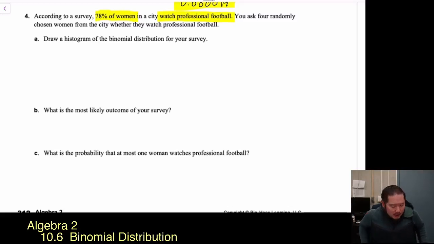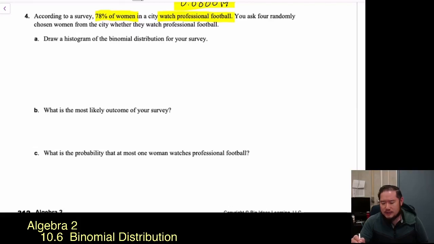If we think about what's going on here, you have the chance of asking 4 ladies if they watch football. You can have all 4 watch it. You may have 3, 2, 1, or 0. So we have many different outcomes, and let's try to find the probabilities of each.